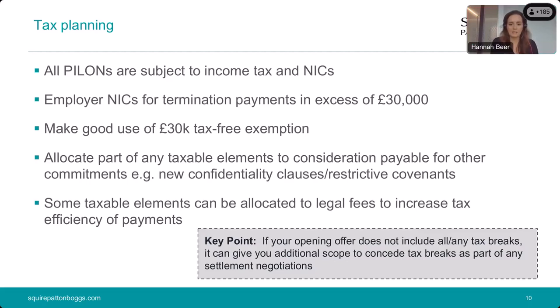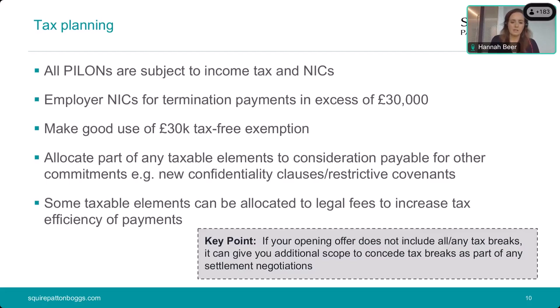And we've made a note there, if the company's opening offer doesn't include any tax breaks, there can be, in some circumstances, additional scope to concede tax breaks as part of the negotiations. But I would say that that is probably going to be one of the first things that any lawyer acting for an employee will pick up on as part of the negotiation. So generally, I would say if you're willing to make the offer on that basis and you're satisfied that it would come within the tax-free exemption, then make it in the first instance.